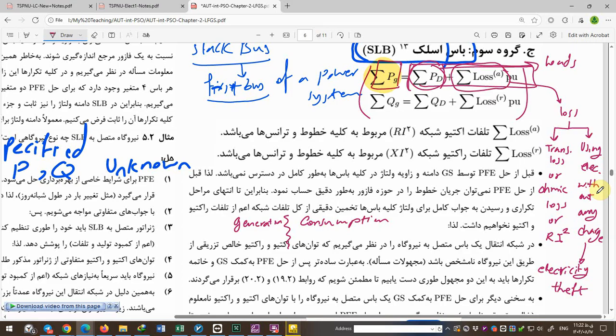The reactive equation and balance in a power plant is written like active power.